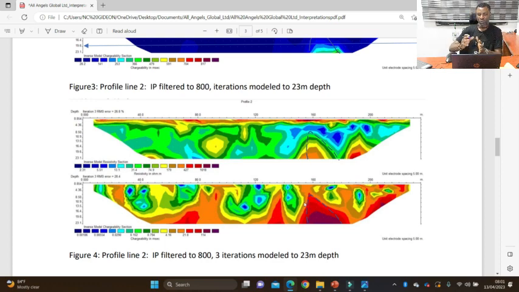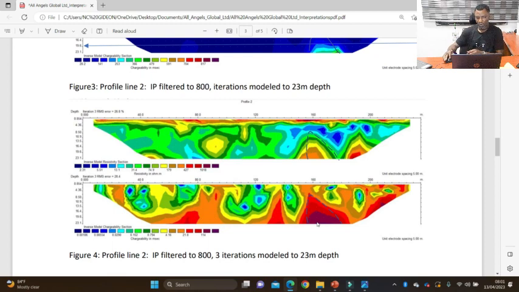Now, you can't just interpret it without geology. If your geology is shale or sandstone, or unsaturated, you can be looking at high resistivity here and very high chargeability for sulfide mineralization.